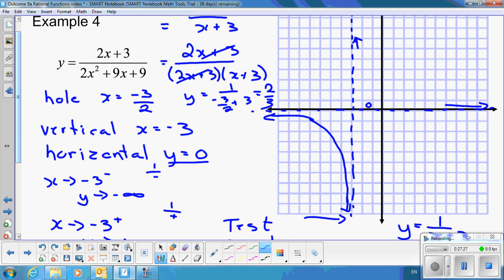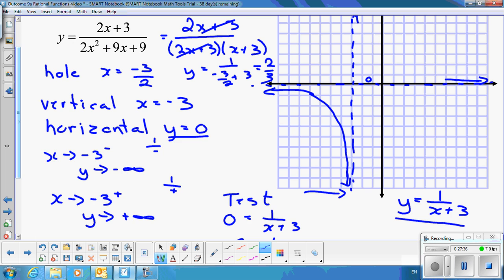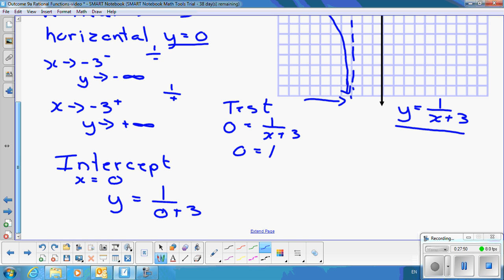Okay, I'm not going to have any x-intercepts since the asymptote actually falls on the x-axis, so I can connect this side of my graph this time. I'm not going to connect to the other side yet because I want to look and see where my y-intercept would be. So to find my y-intercept, I'm going to let x equal 0. If I let x equal 0, I have y equals 1 over 0 plus 3.